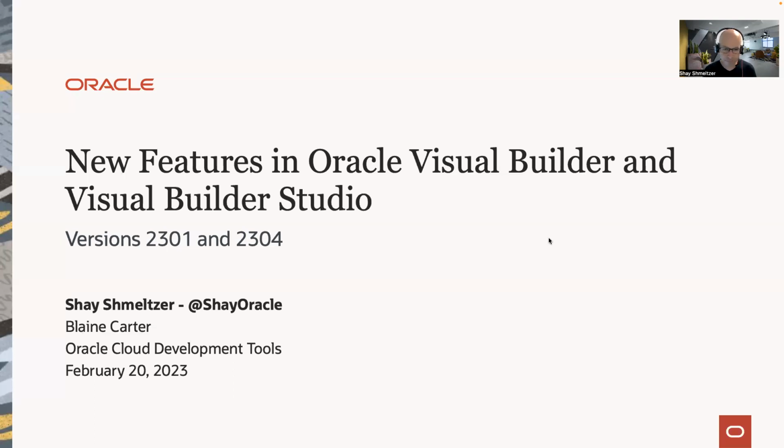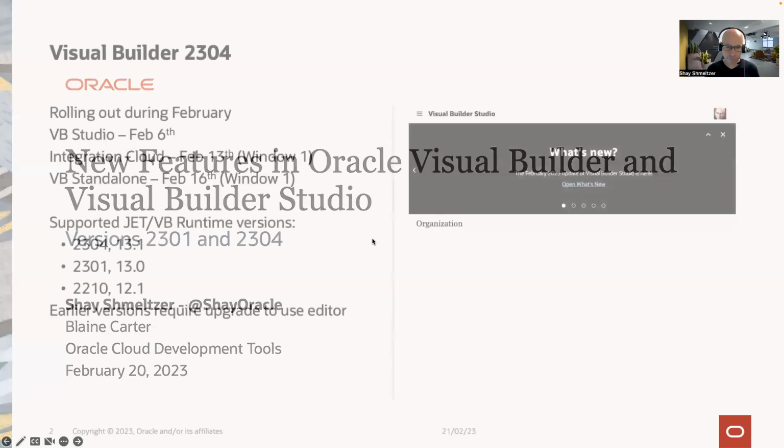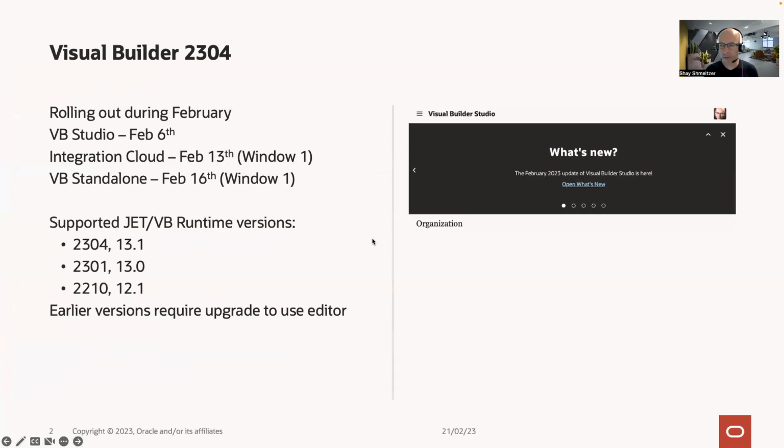All right, so Visual Builder 2304 has been rolled out. We started with a rollout to Visual Builder Studio at the start of February. Then Integration Cloud, the first rollout started on February 13, and for the VB standalone instances, it's on February 16.